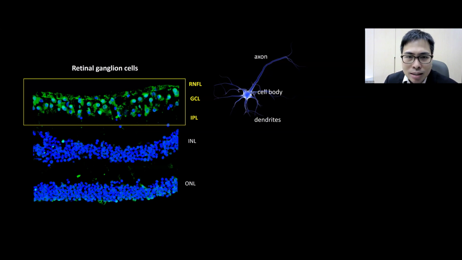By contrast, the ganglion cell layer is relatively thick over the macula because we have 5 to 6 layers of these cell bodies located at the macula. By contrast, in the peripapillary region, the GCL is relatively thin. That's why at the macula, we would image the GCL and IPL. Sometimes we also image the RNFL together as well.